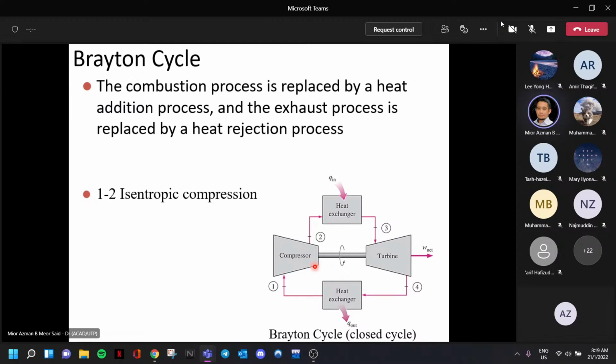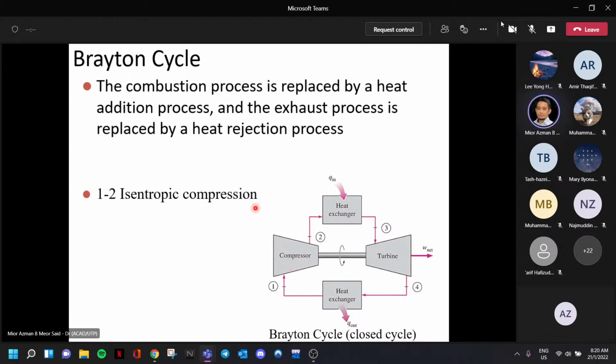You learned that in thermodynamics 1. Because of irreversibility, I mean, the losses. How can you say friction is negative, right? Because friction is always either 0 or positive. So that's from your thermodynamics 1.